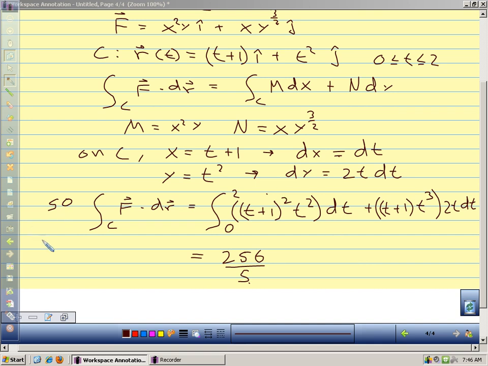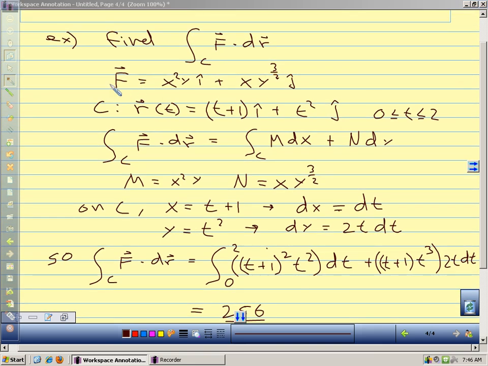All right, what we're going to do next is use the same field and evaluate this integral using a different path. Our first path was (t plus 1)i plus t squared j.